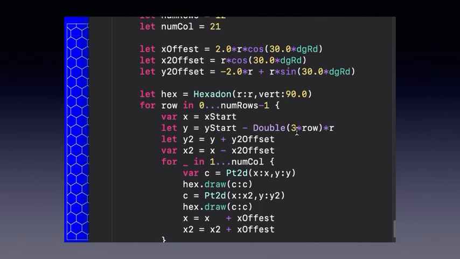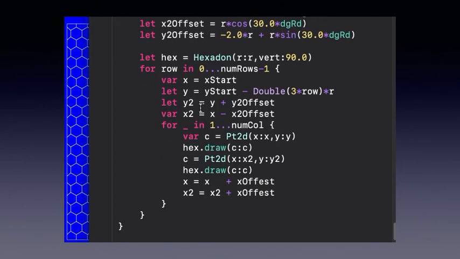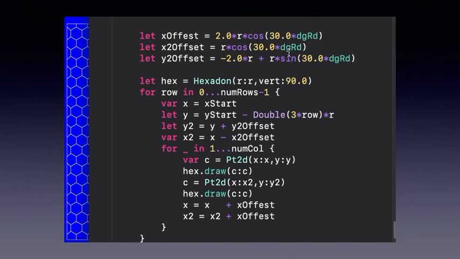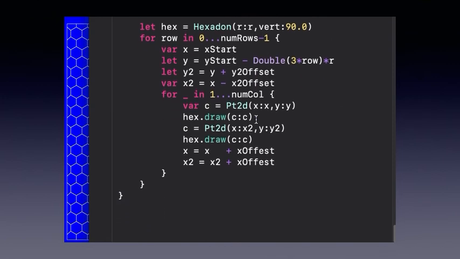That's the 3 radii down for the next beginning row that I showed you. I want to deal with the hexagons that are below, the ones that are offset. So I have a y2 and an x2, and I'm using the appropriate offset, which was calculated in the earlier equations.